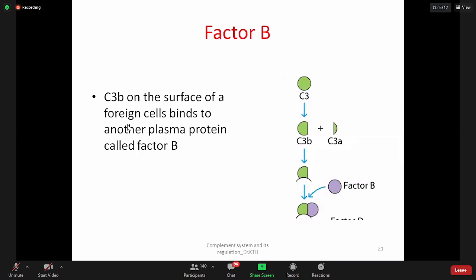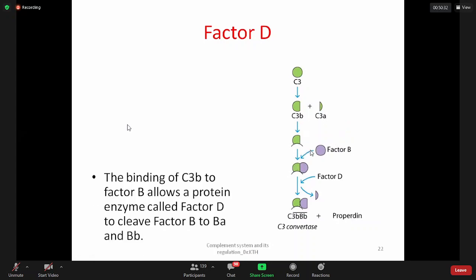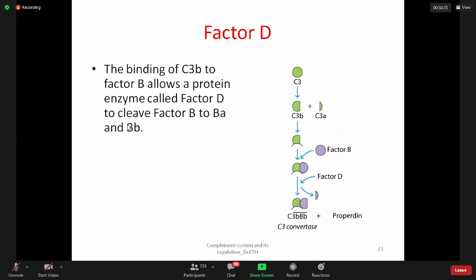So the binding of C3B on that surface of the foreign antigen will attract another protein, the so-called factor B. Okay? This factor B, which you see here, coming in will be split by an enzyme called factor D. So factor D will split factor B into BA and BB.